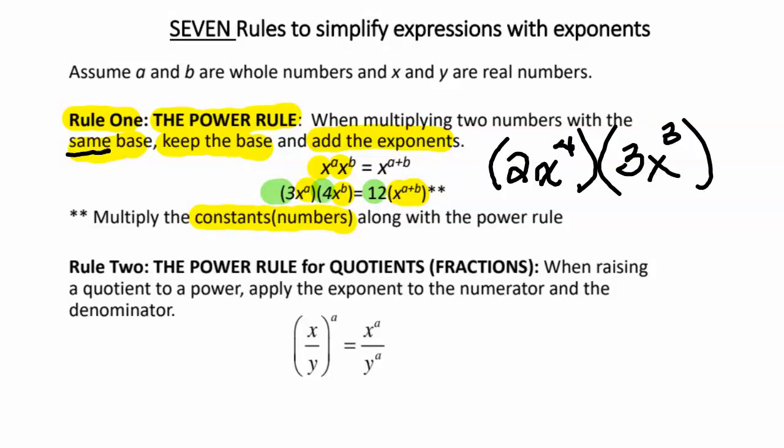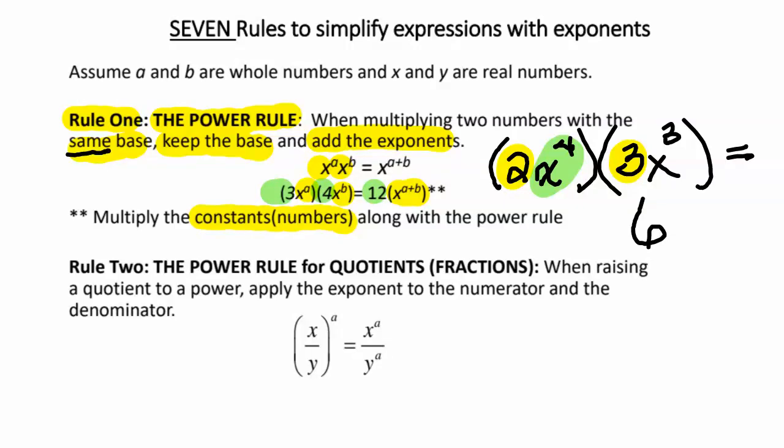This is saying take the 2, take the 3, multiply them together. Well, that will give me 6. But notice, how many x's do I have here? I have 4 of them.